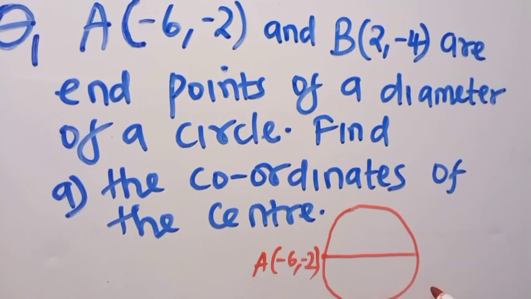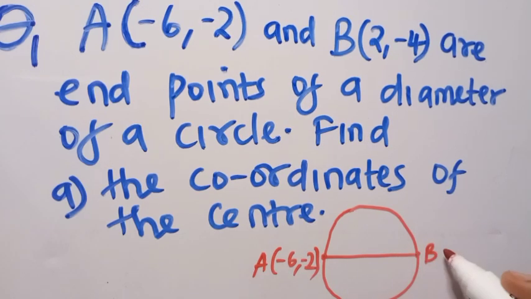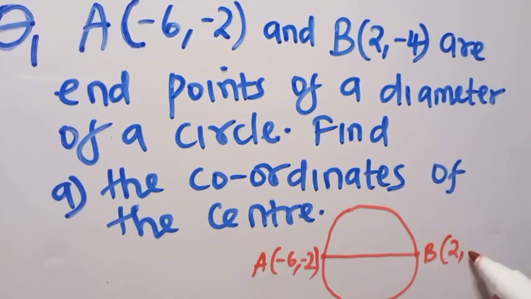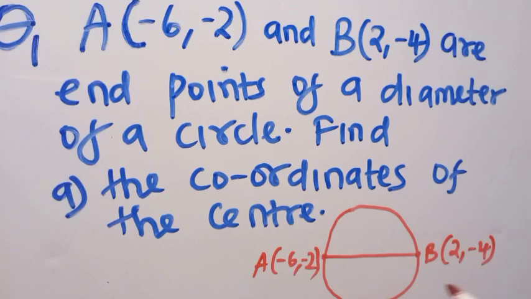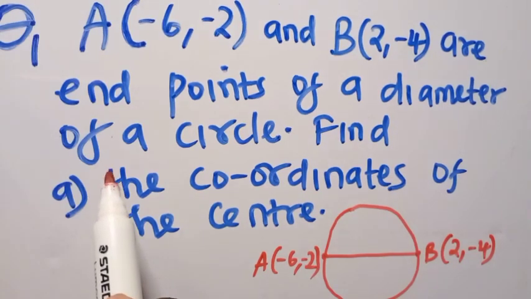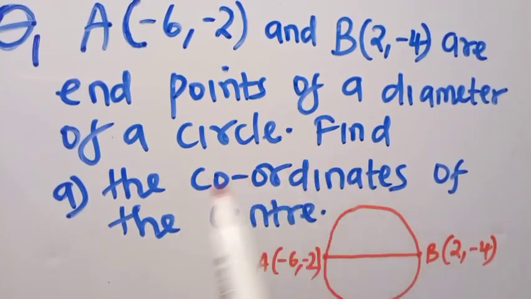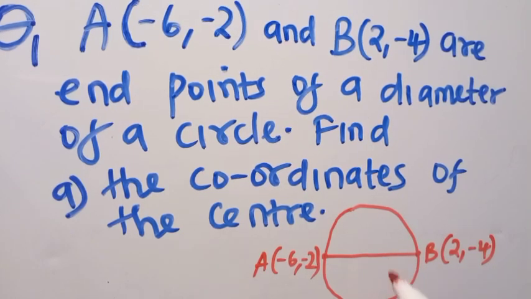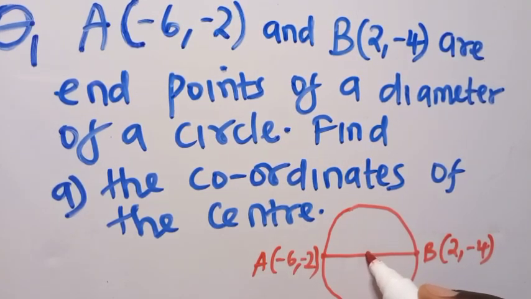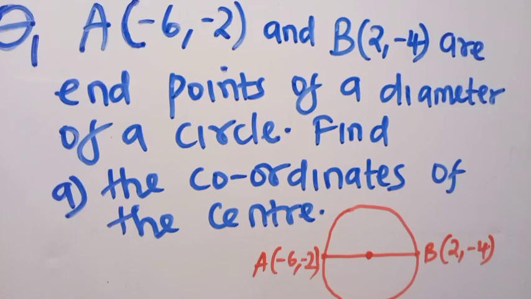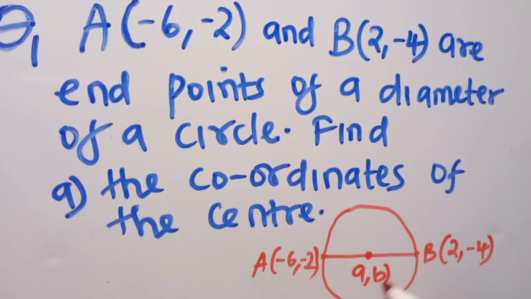Then we have point B, which has the coordinates 2, -4. Now, they are saying that we find the coordinates of the center. And the center is just the center of the circle. Let's say the center is A, B.